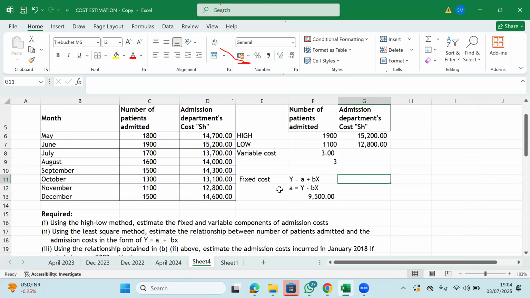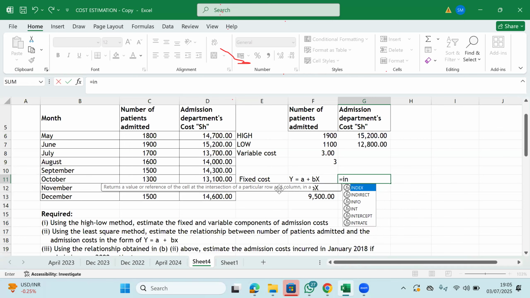Alternatively, you remember when I was referring to the point at which that line cuts our y-intercept. You remember the word intercept. So we also have an intercept function alternatively. And of course, the intercept calculates the point at which a line will intersect the y-axis.